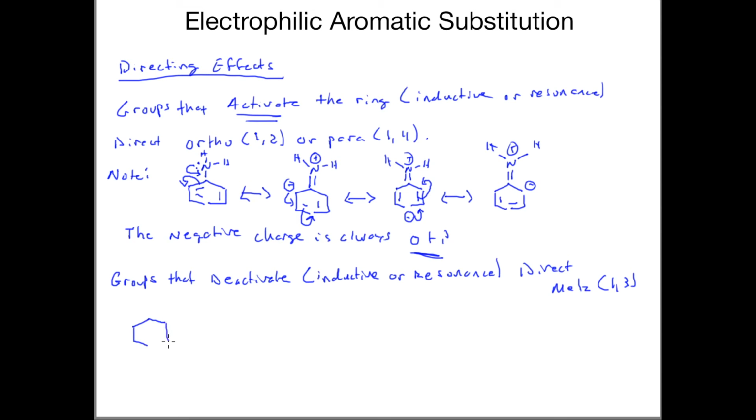As an example, let's look at nitrobenzene. So here is nitrobenzene, and what you're going to see is that when I take the electrons out from this and move them onto the nitro group, you're now going to see a positive charge that's going to develop in the ortho position here.